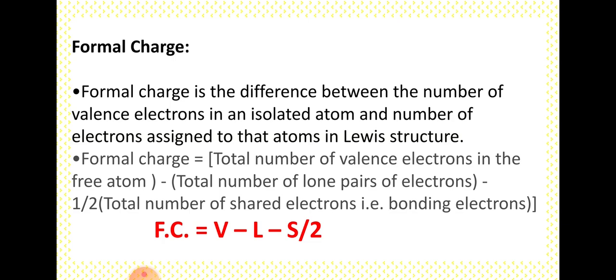S is the total number of shared electrons. Thus, the total number of valence electrons on the free atom, the number of electrons as lone pairs on the atom in the Lewis dot structure, and the total number of shared electrons are calculated. Then formal charge is calculated from this formula.